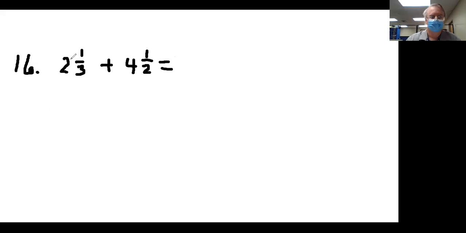So we need to convert this into just a regular fraction, a numerator and a denominator.